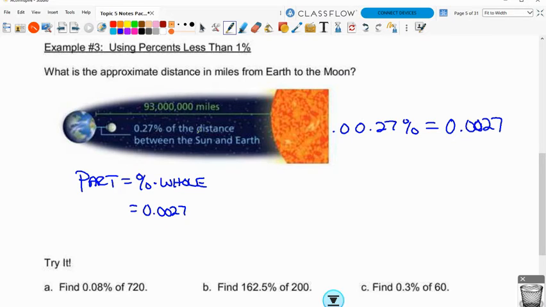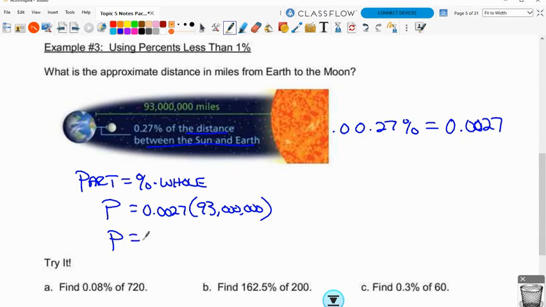Now, we always find a percentage of the whole. The whole in this case is going to be the distance between the sun and the Earth, which they've told us right here is 93 million miles. So since we find a percent of the whole, it has to be 93 million miles. We're looking for the part of that that represents this distance right here between the Earth and the moon. So P, the part, is already by itself on the left.